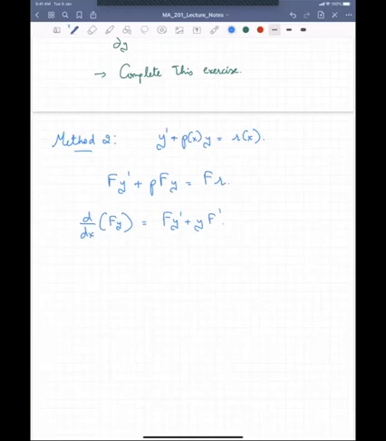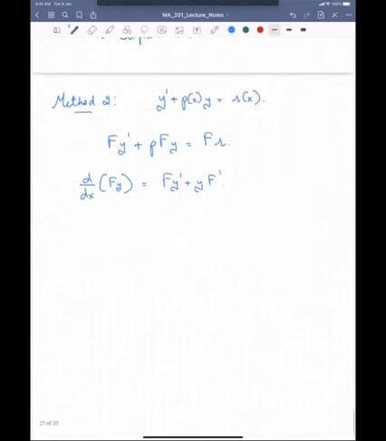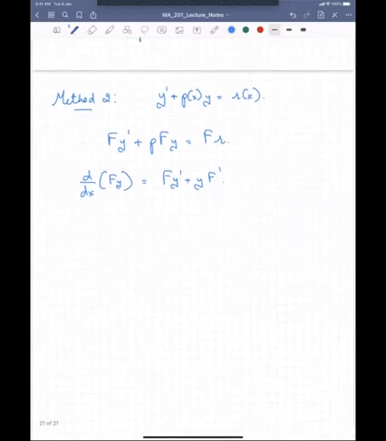So if the integrating factor is such that I can turn the left-hand side into a perfect differential, the way I would do it is I will demand, look, f is completely arbitrary at this point. I will fix f by demanding that the choice of f turns the left-hand side into d dx of f times y. Okay, so I'll write this down explicitly.